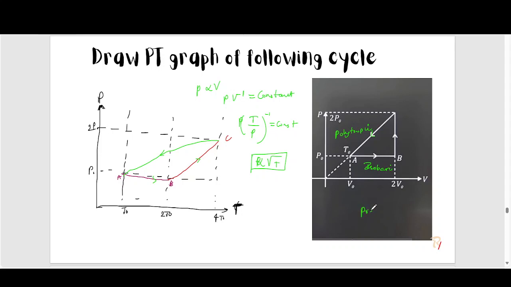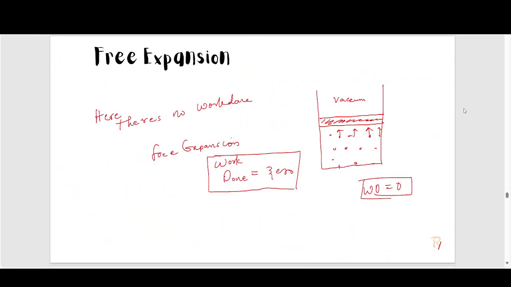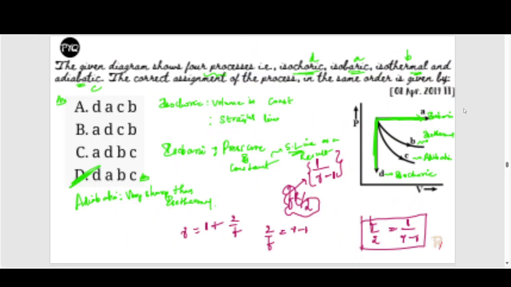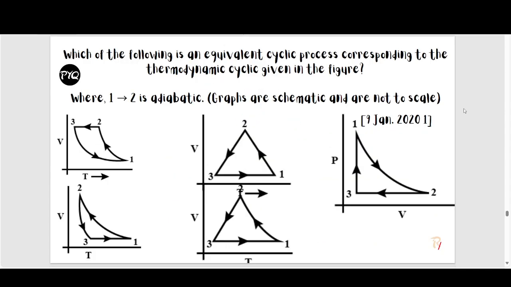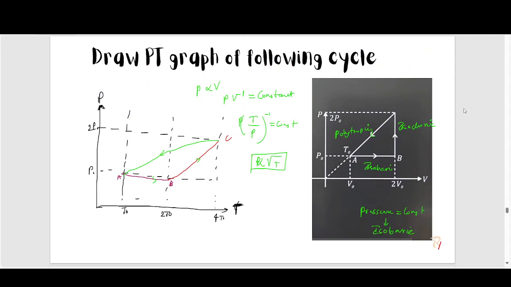Since pressure is constant in isobaric, in isochoric we know that in isobaric pressure was constant, in isochoric volume is constant.